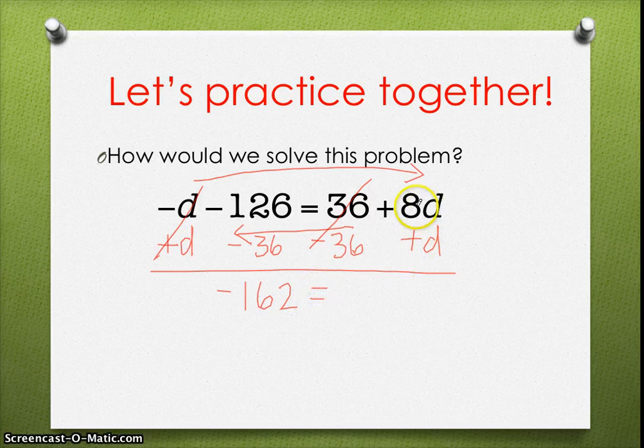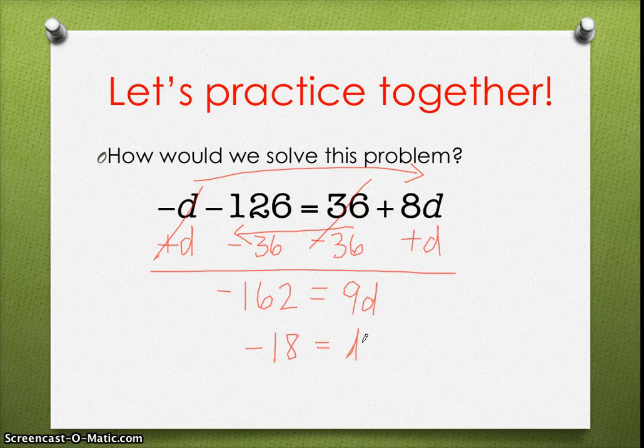A positive 8 and a positive 1 is going to give me 9, and my variable is d. From here, you can just take a few seconds to go ahead and solve for d by applying the inverse. And if you solved correctly, you should have gotten an answer of negative 18 equals d.